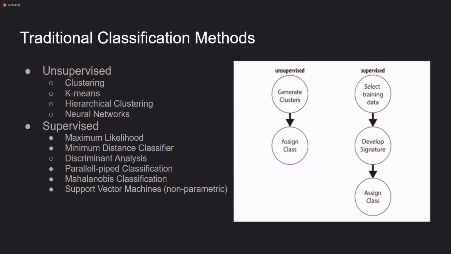There are a number of different methods of classification, both supervised and unsupervised. Unsupervised methods include clustering or k-means, as well as more sophisticated methods like neural nets. And for supervised methods, probably the most common is maximum likelihood. I know that was the first one that I learned when I was still a student, but there are other methods as well. The basic difference between these is, with unsupervised classification, you're really letting the data make the classification for you.